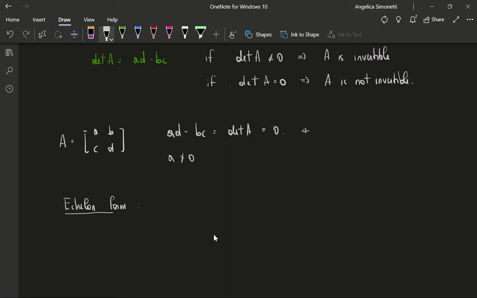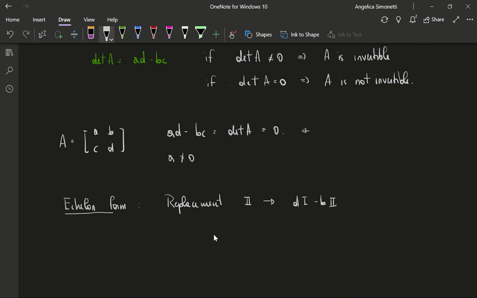A is my first pivot, and then how do I get a 0 below A? Well, let's see what happens if I do the following. I'm going to do a replacement, and I'm going to replace the second row with D times the first one minus B times the second one.